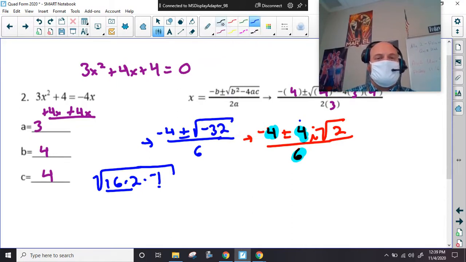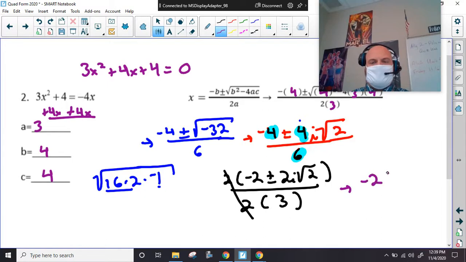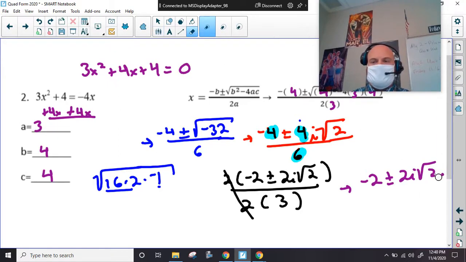So we can actually reduce this fraction down. We factor out a 2 from everything. So negative 4 divided by 2 is negative 2. 2 times 3. So my final answer is negative 2 plus or minus i root 2 over 3.